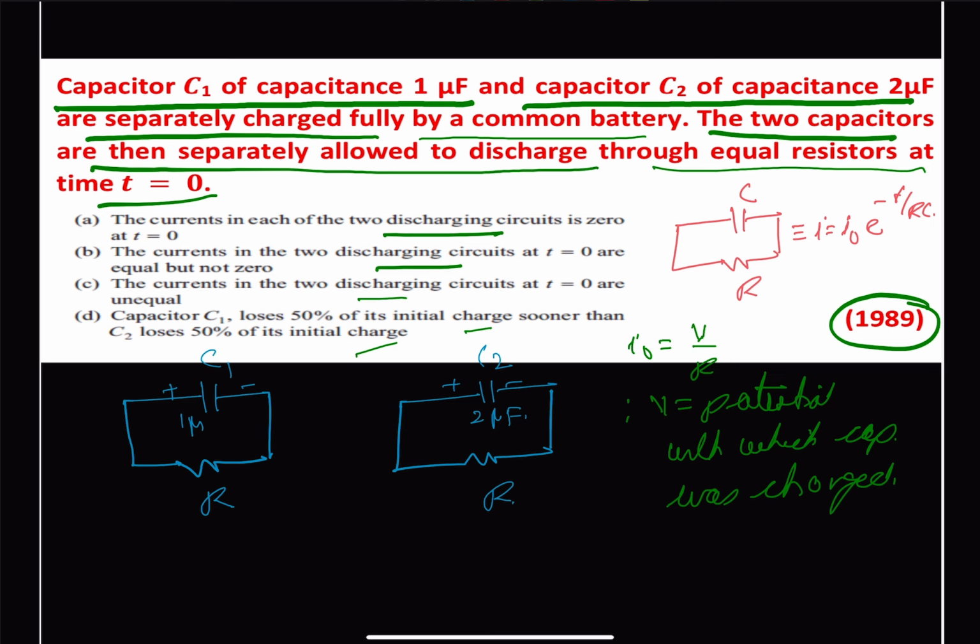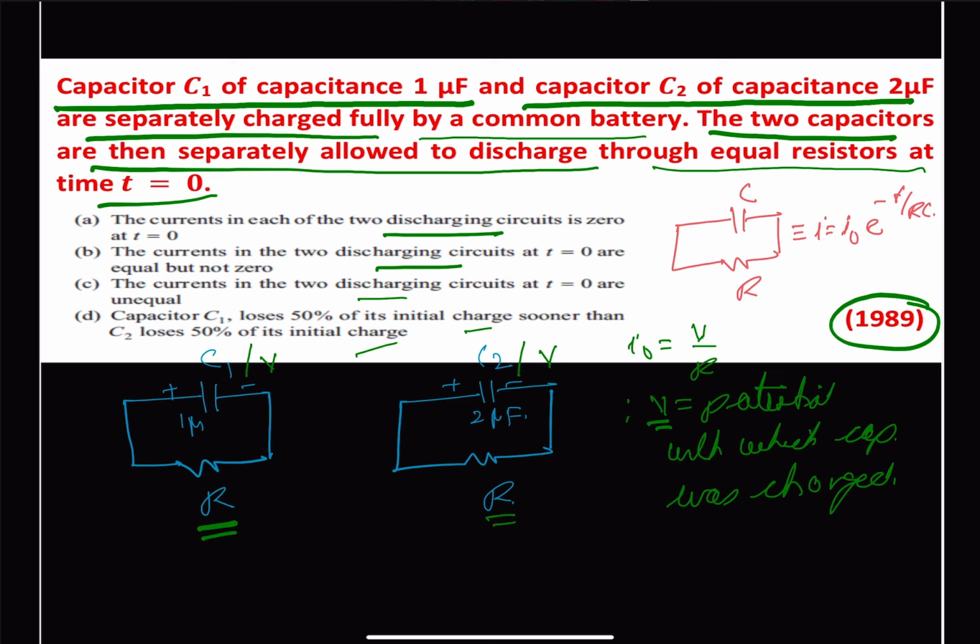And because they are fully charged by a common battery, we can say our V will be same for C1 as well as C2. So here it will be V potential, and here also it will be V potential, and obviously R is also same in the case.